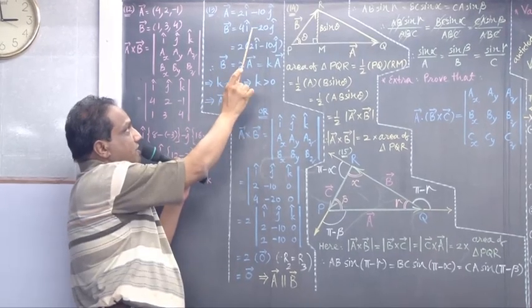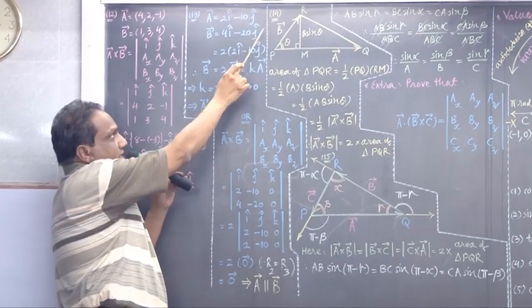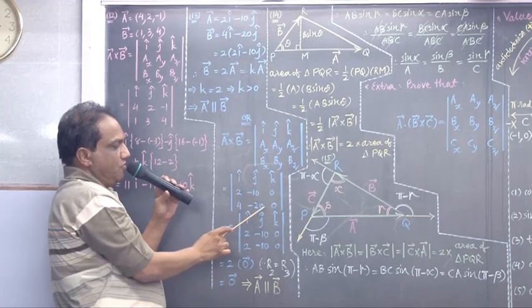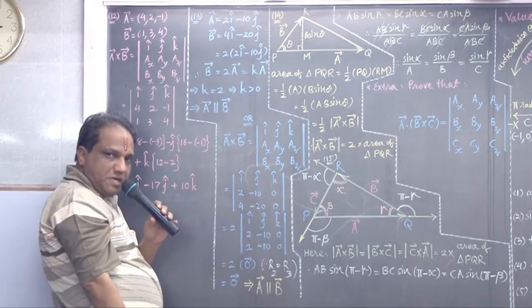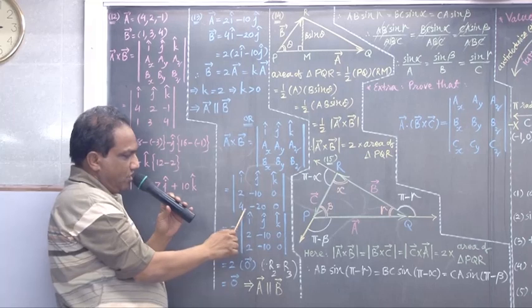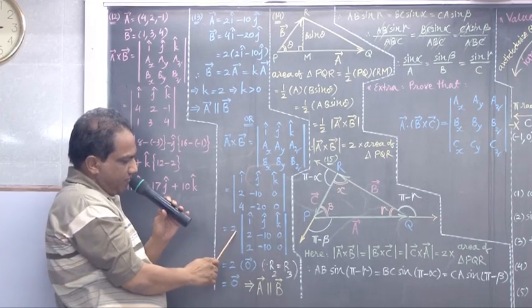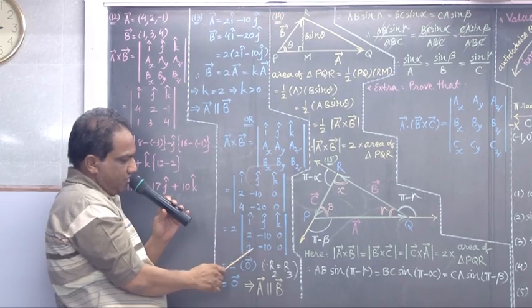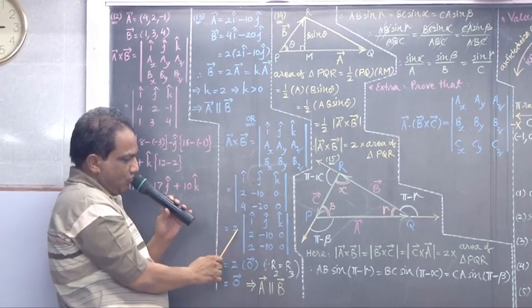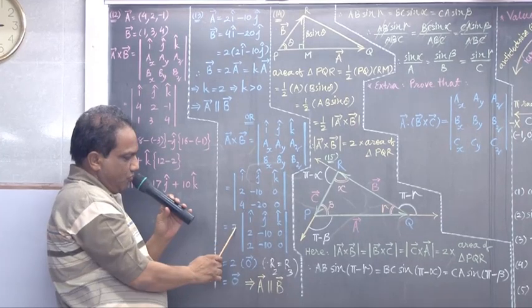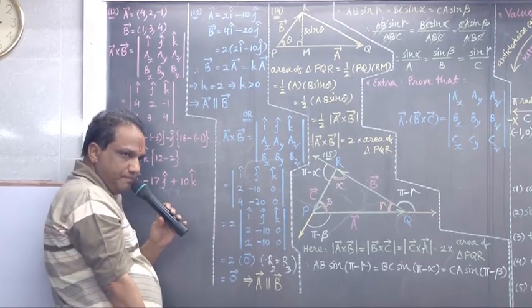Similarly for vector B, the components are 4, minus 20 and 0. Can I take 2 common from the third row? Yes. If 2 is taken common, 4 upon 2 is 2, minus 20 upon 2 is minus 10, 0 upon 2 is 0.